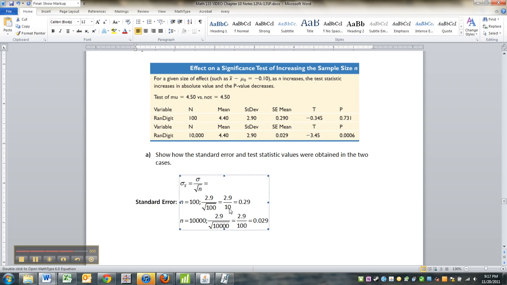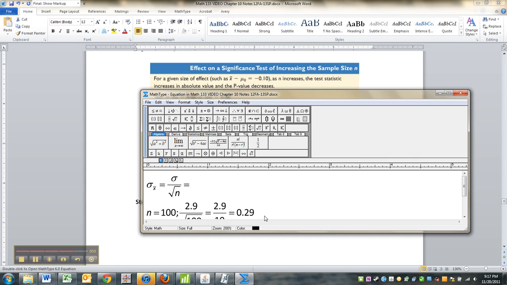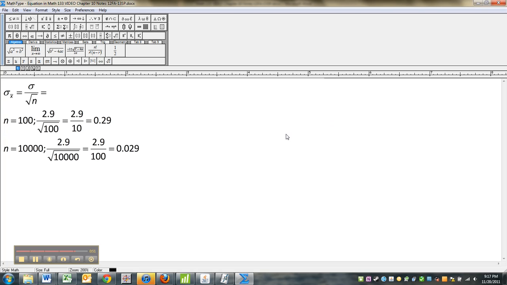And if that's the case, the test statistic gets calculated. The test statistic, which is t0, is equal to the difference, which we know is 4.4 minus 4.5, which is only negative 0.1, divided by 0.29.